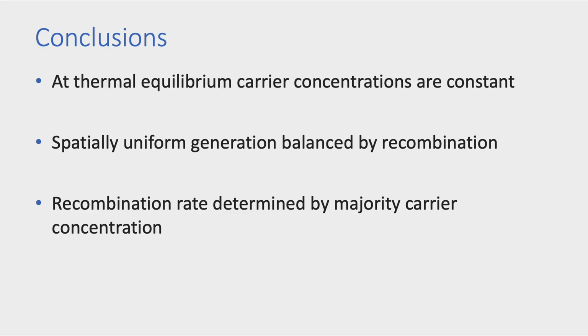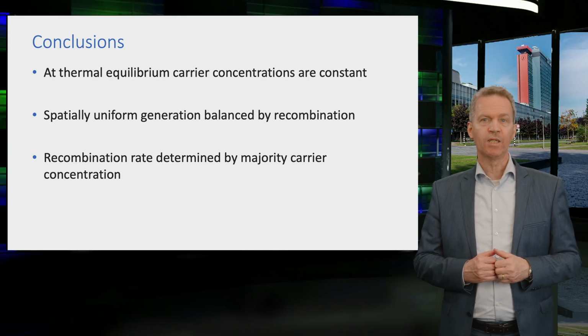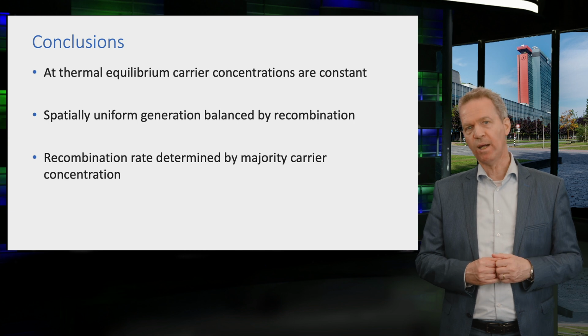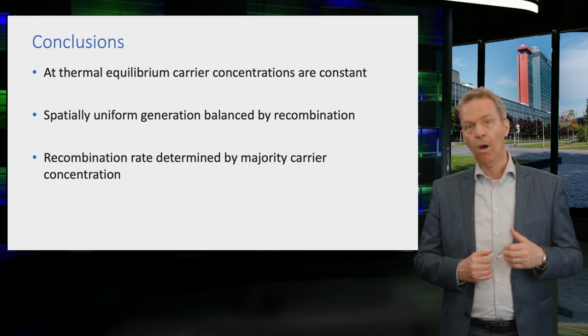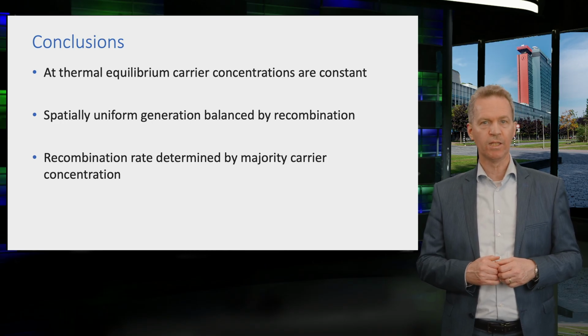So to conclude this video, we have seen that at thermal equilibrium the carrier concentrations at a given temperature are constant as a function of time, that in case the generation rate of charge carriers is spatially uniform it should be balanced by the recombination rate. We also saw that the recombination rate is proportional to the thermal equilibrium majority carrier concentration of the semiconducting material.